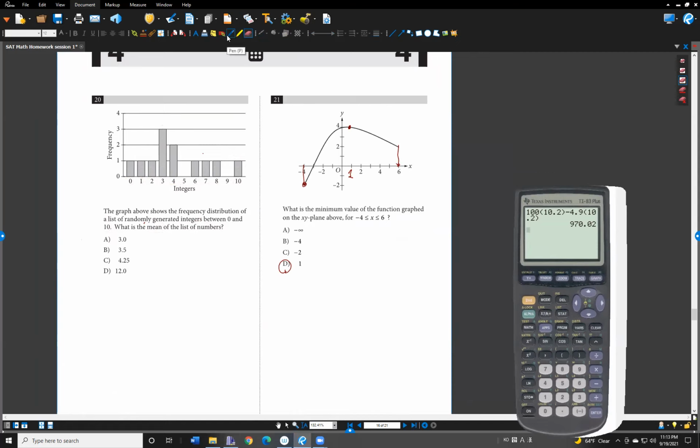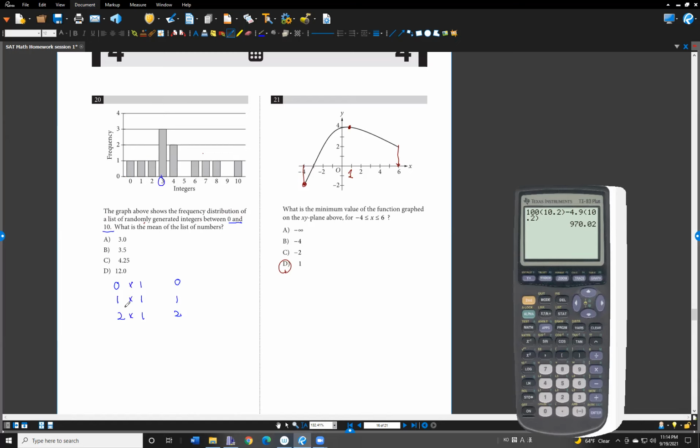All right, we have a distribution, generate integers from 0 to 10 over here. What is the mean of a list of numbers? 0 occurs 1 time, 1 occurs 1 time, 2 occurs 1 time.